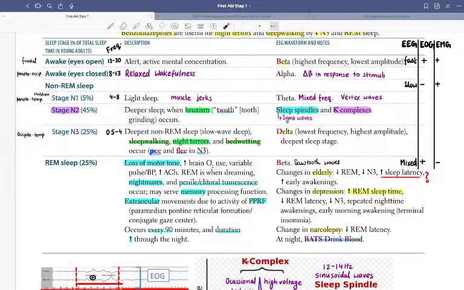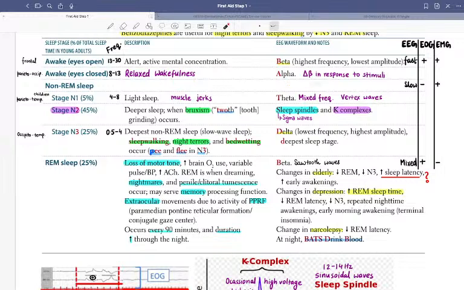Ma'am has a class on sleep, so do look at the waveforms from there as well, and which part of the brain is active in each of these. Next is relaxed wakefulness. This phase is called relaxed wakefulness, that is alpha.